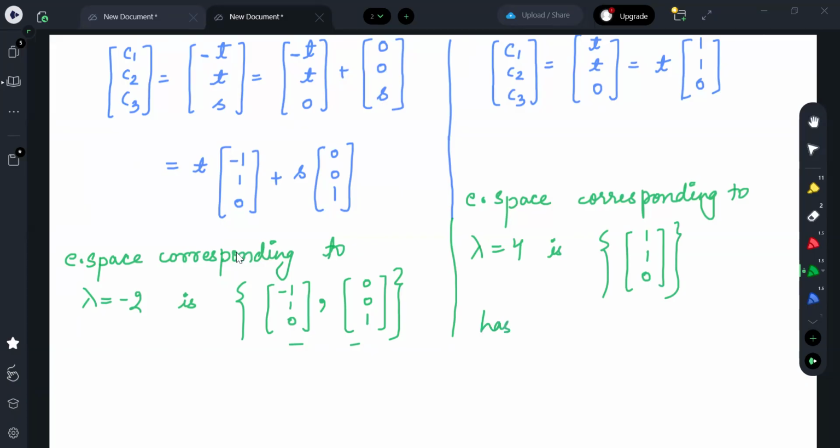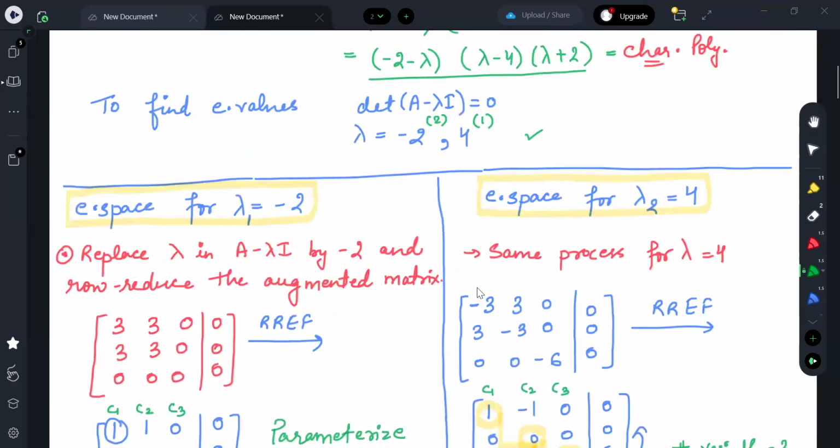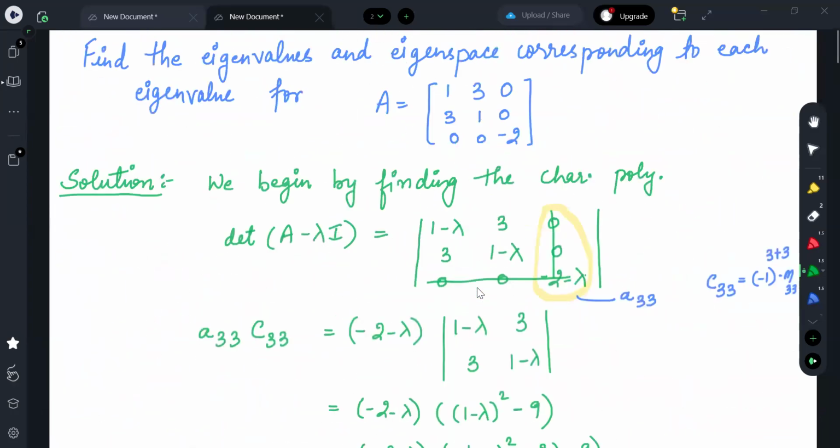Because it only has one vector in it, it has dimension 1. This one has two vectors in it, so it has dimension 2. And there you go. This is how you find the eigenvalues and eigenvectors or corresponding eigenspaces for a 3x3 matrix.